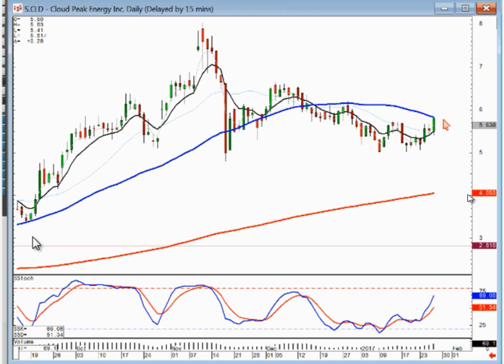Well, you can see how they've come up today on CLD, Cloud Peak Energy, closed right smack dab at the 50. So if it opens positive tomorrow, you want to be buying. Because what's that tell us about the 50? Coming out of this pattern, it's not going to be acting as resistance.